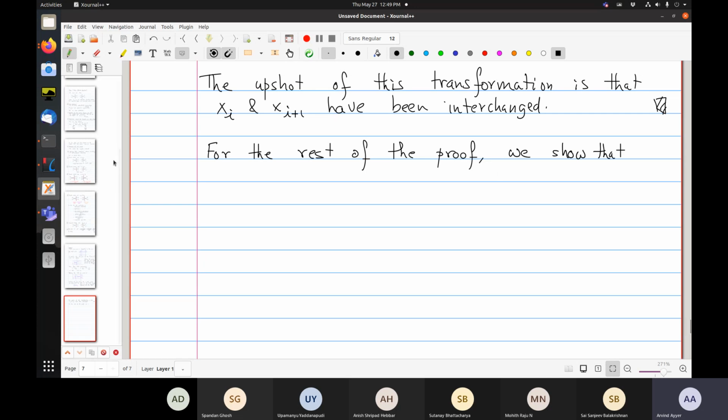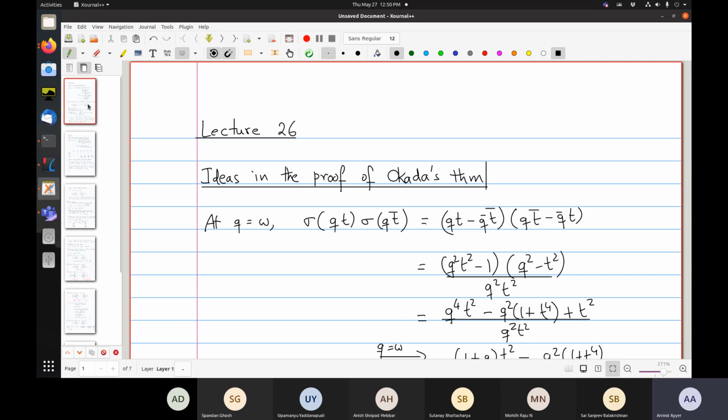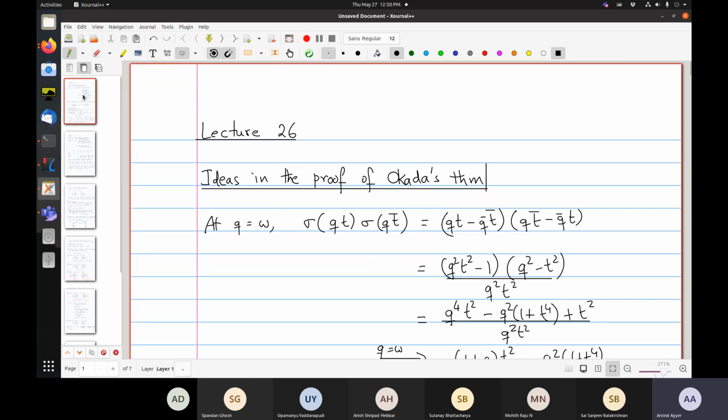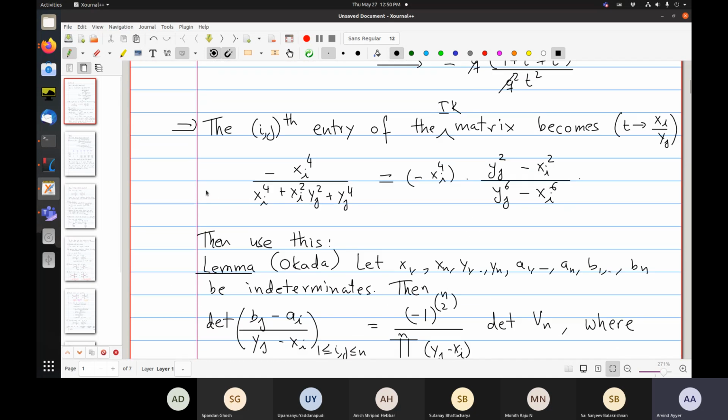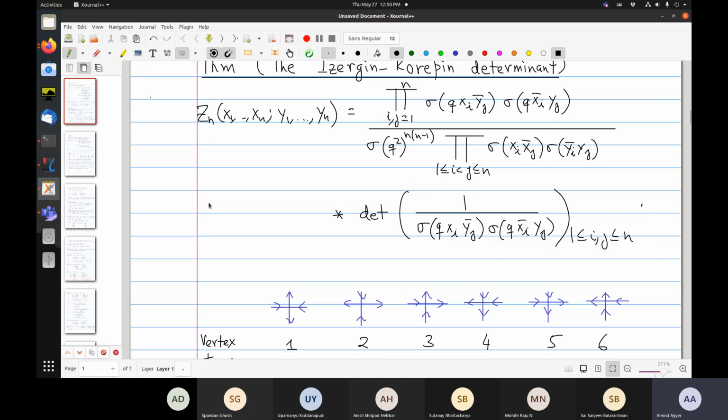that the expression on the right hand side, which I'll call Fn, so I'll call this whole expression Fn of x1 up to xn. I'll use the same notation as Zn.